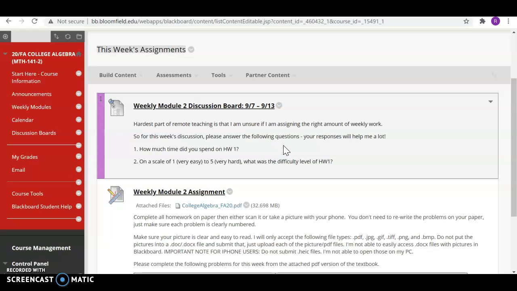If this was a traditional in-person class, I would be able to get immediate feedback from students, but since that's not the case, please answer these two questions for me. It'll help me a lot in future planning of the assignments and the lessons. And also, students get the attendance credit by posting this.